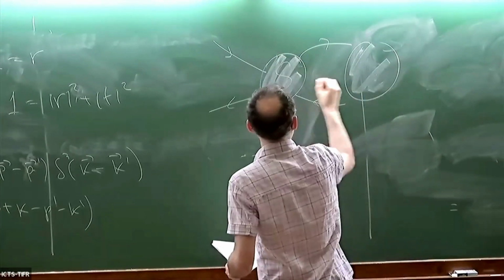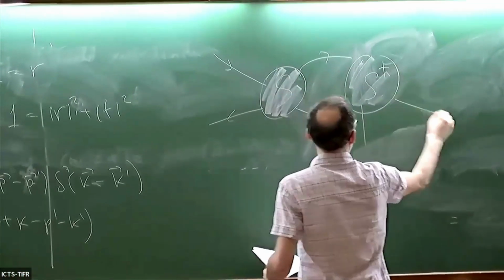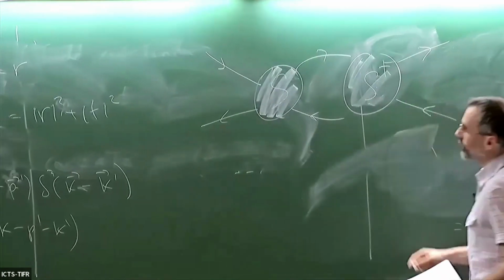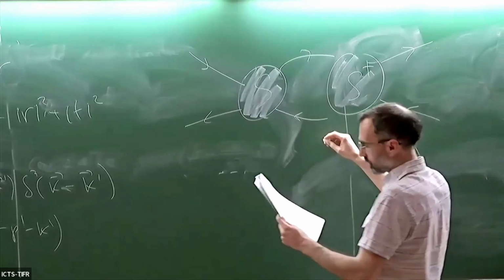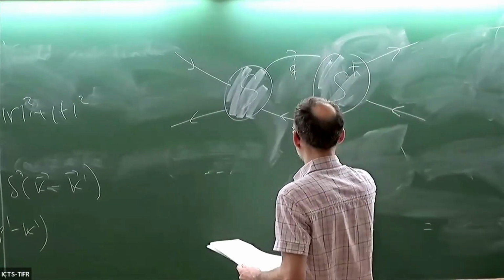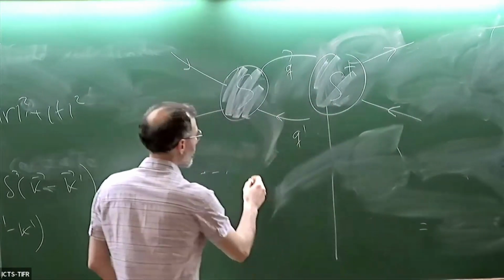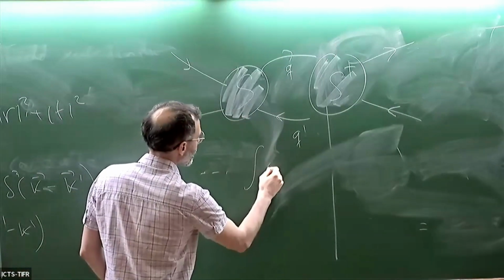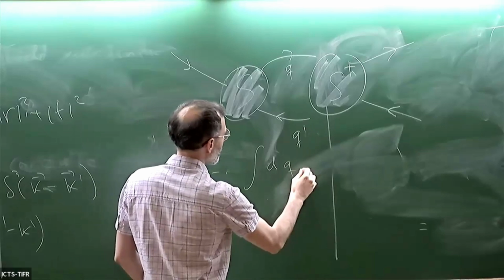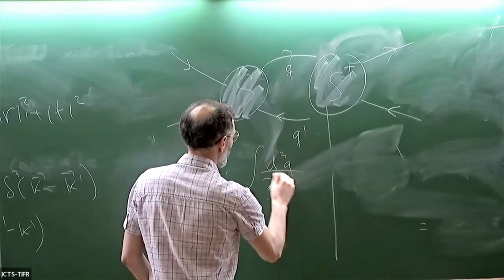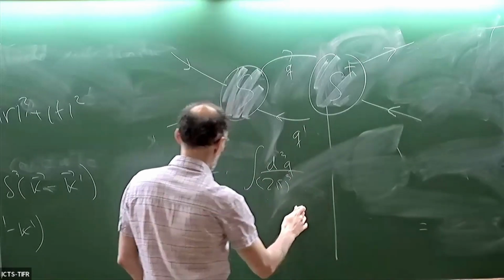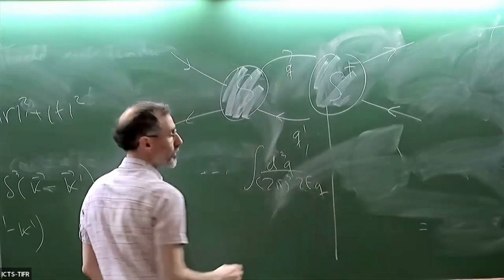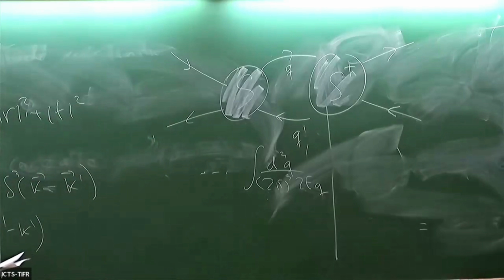So S and S dagger, and what you have to sum over is the intermediate phase space. There will be phase space for these particles, Q, Q prime, and you integrate over their phase spaces, for one and for the other. There's more details in the notes.